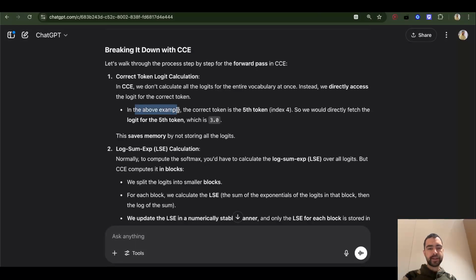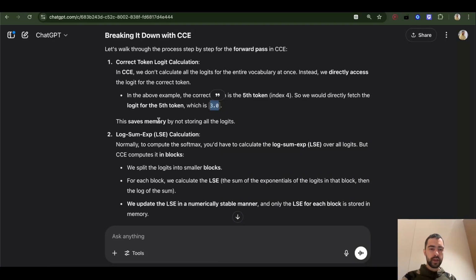So in the above example, we only compute the logit for the fifth token, the 3, and we don't compute logits for the other 100,000 tokens. This saves memory by not storing all the logits and also saves computation. But I think memory savings are more important because in the newest GPUs, they are so fast in computation that now memory is the problem.